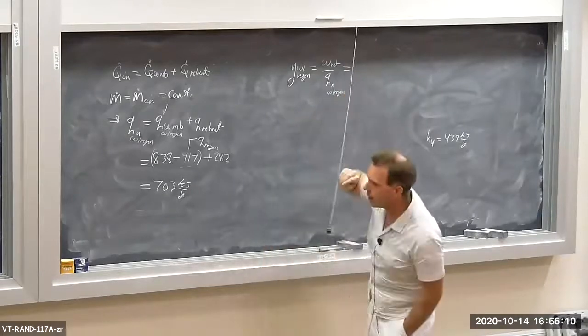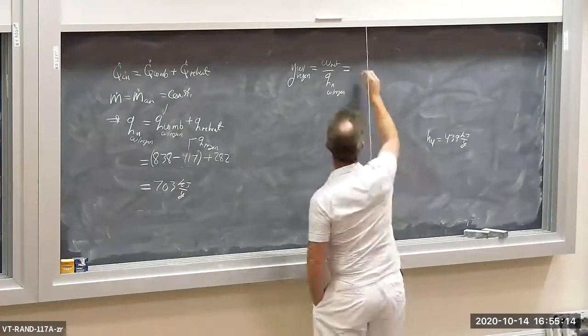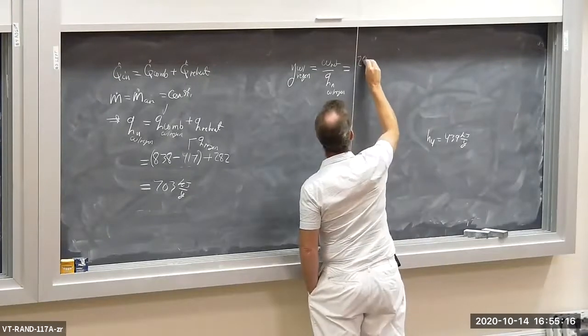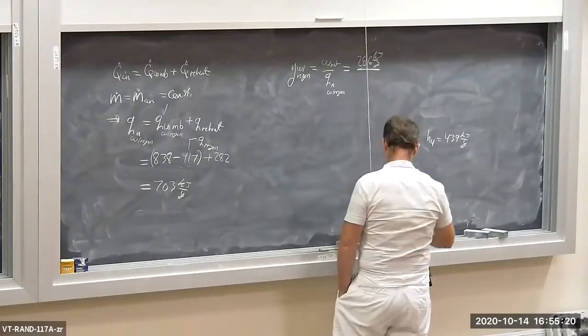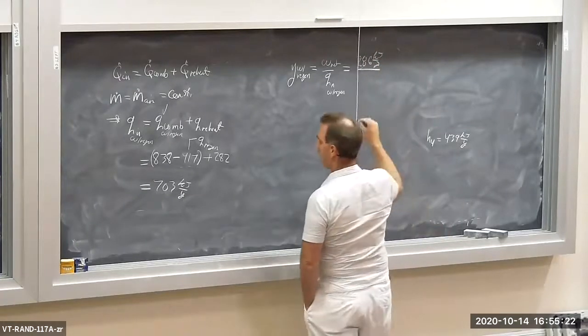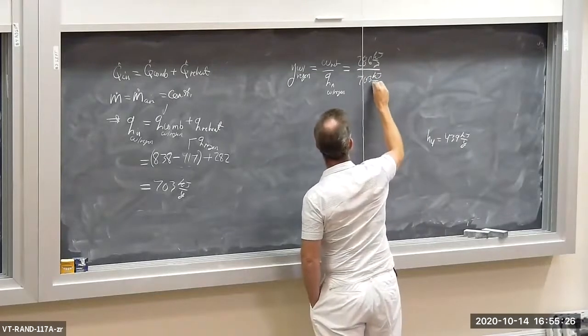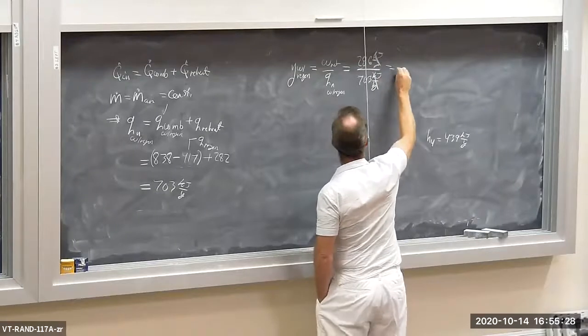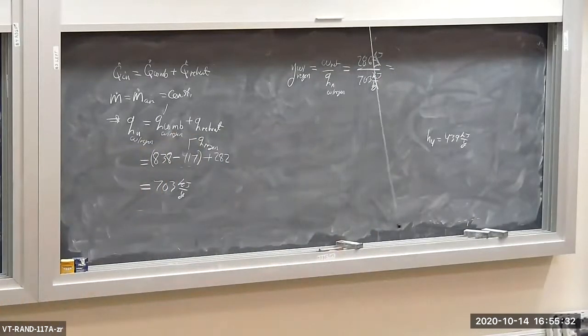And I get W net 286 kilojoules per kilogram divided by 703 kilojoules per kilogram. They cancel out. What's my new efficiency?